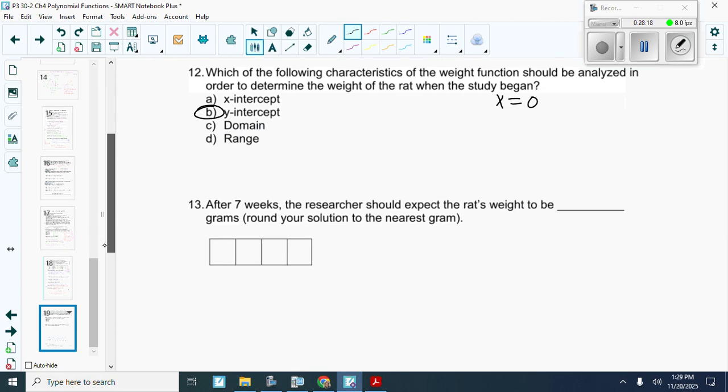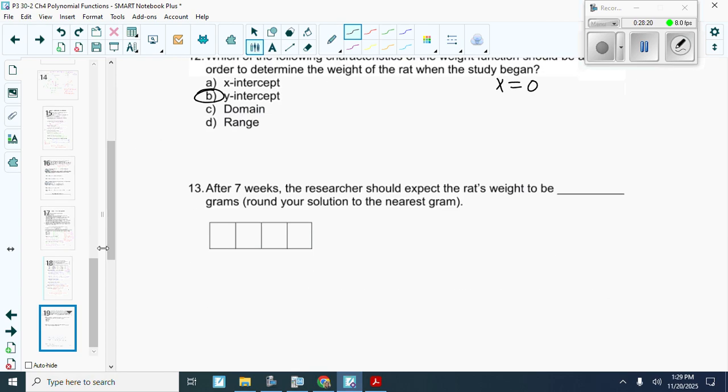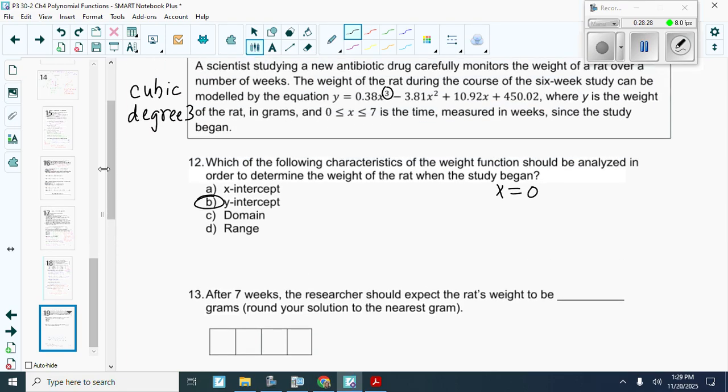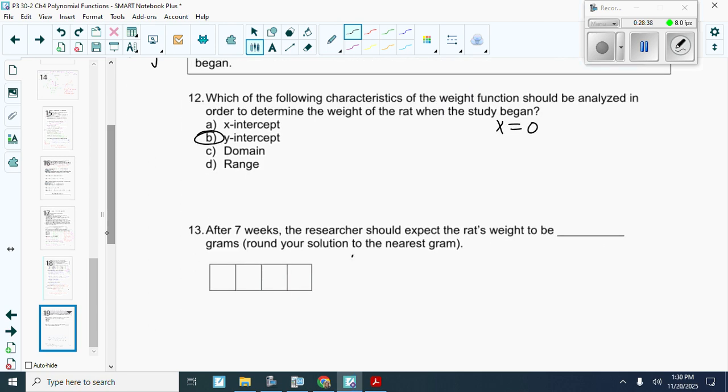And then just the last one, after 7 weeks, the researcher's rat is expected to weigh a certain amount. So if we look, our x is the time, and y is the weight. So we're looking for when x is equal to 7, what is y equal to?